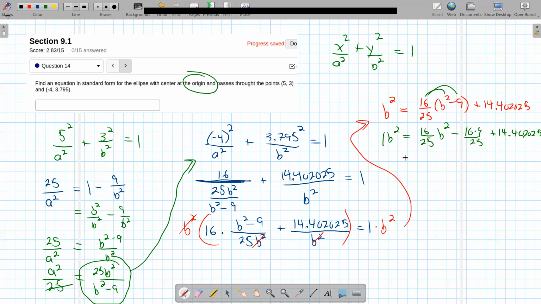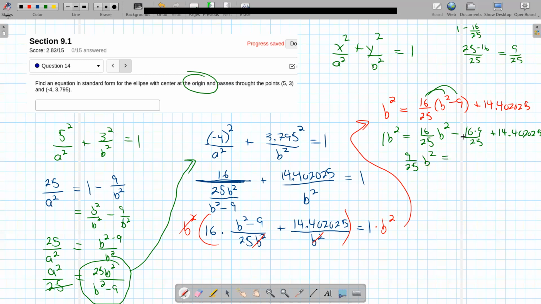So that sounds right. Double check: 1 minus 16 over 25 is 25 minus 16 over 25, 25 minus 16, that's 9/25. So these two subtracted give me 9/25 b squared.